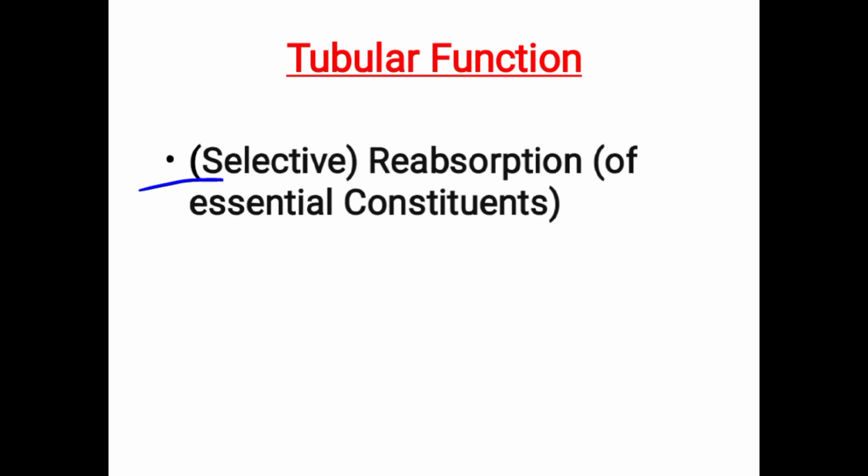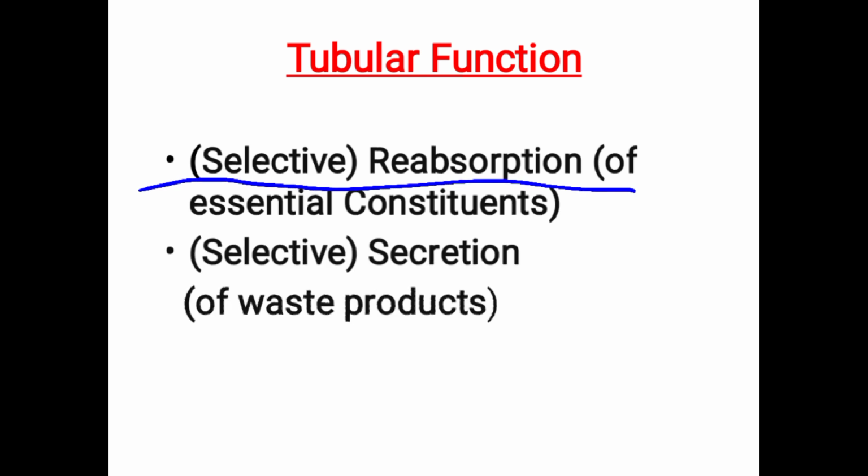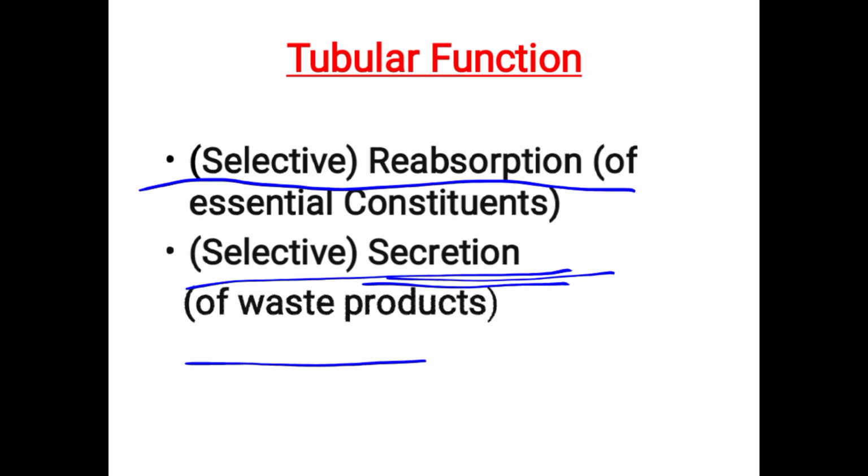One is selective reabsorption: essential products will be reabsorbed, but not all substances are reabsorbed, only selectively. The other is selective secretion, where the secreted part goes as waste products through the urine.